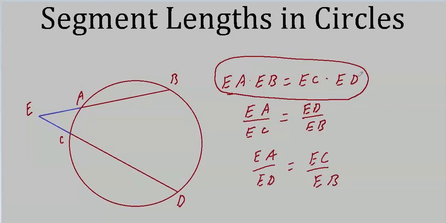In other words, multiply by 1 over ED and then multiply by 1 over EB. And then we get that this over this entire length is the same as this short outside segment over this entire length.